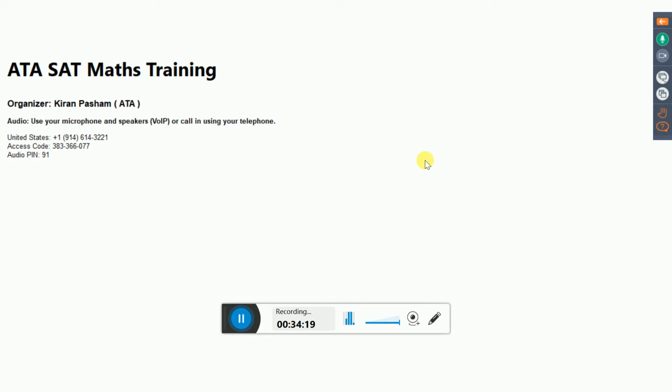Eight square plus 15 square is equal to 17 square. These are the few numbers you need to remember. Most of the time, questions are based on these sides.